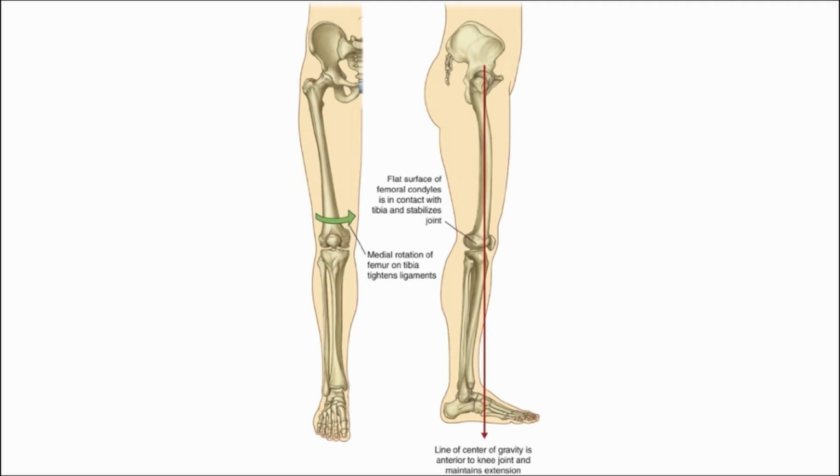Another thing that helps us lock the knee joint is medial rotation of the femur on the tibia during extension. So you get a little bit of medial rotation in full extension, and it tightens the associated ligaments. One other feature that keeps the knee extended when standing is that the body's center of gravity is positioned along a vertical line that passes anterior to the knee joint.